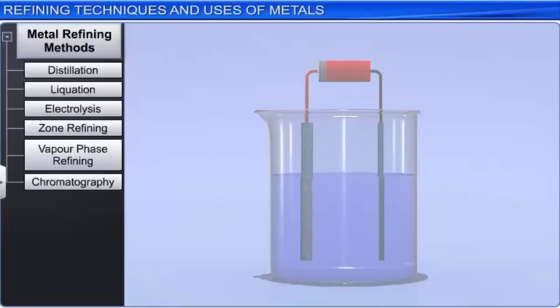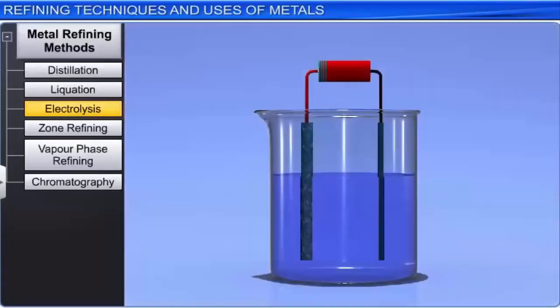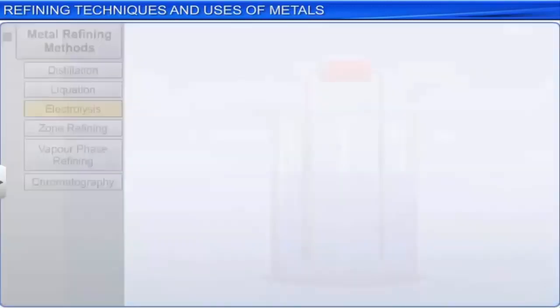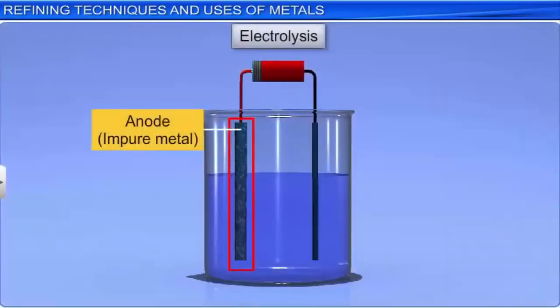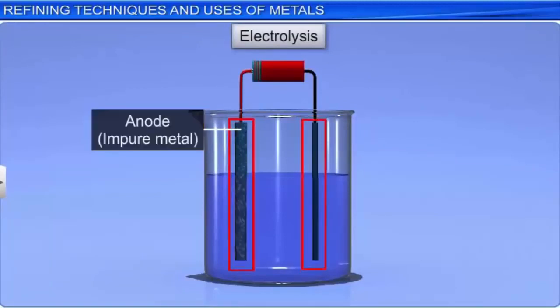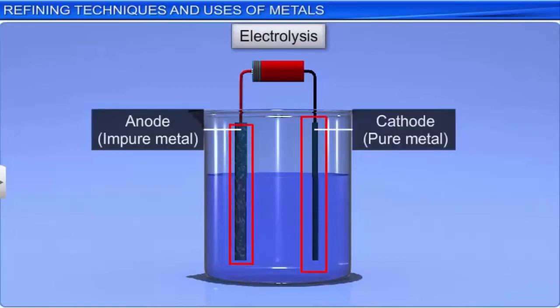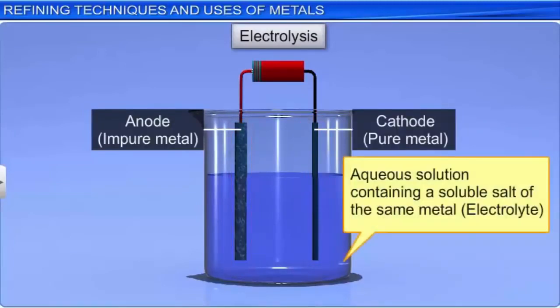Another important refining method is electrolysis. In this method, the impure metal is made the anode and a strip of the same metal in its pure form is made the cathode. An aqueous solution containing a soluble salt of the same metal is used as the electrolyte.